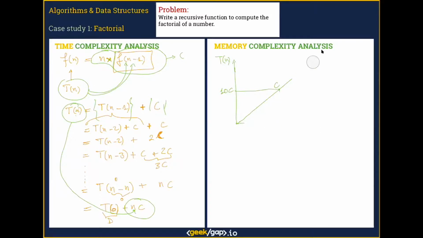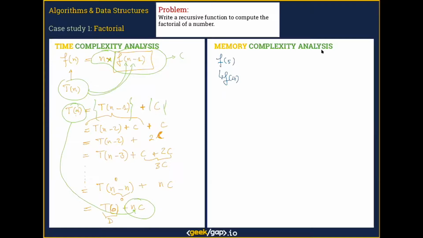Brilliant. So now let's move to the memory complexity of this problem. Remember when we were looking at the stack trace, we saw something very interesting. When computing factorial of 5, we cannot just jump to the solution, we have to somehow find factorial of 4.